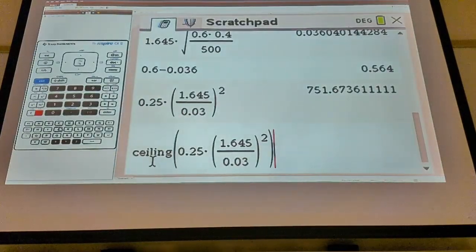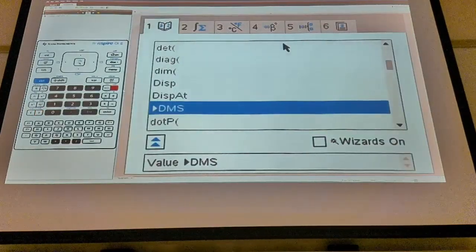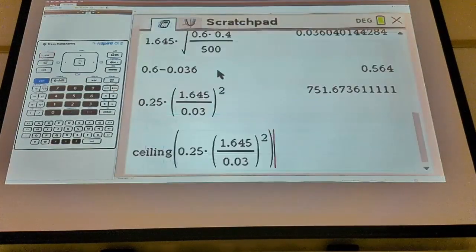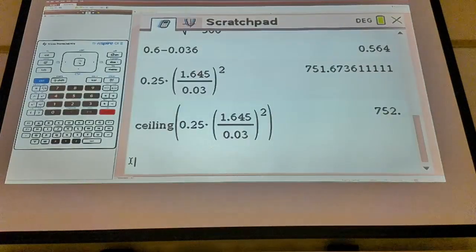Otherwise, you have to go into the menu, which is this dictionary here, and scroll through all the options, because I don't think there is another place for it. And it just gives you 752 right off the bat. But it doesn't matter, because all you do is look at what it gives you and round it up as the ceiling.